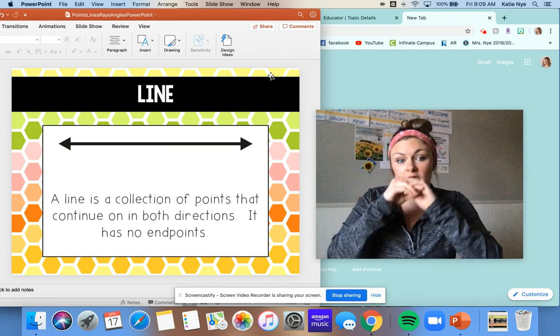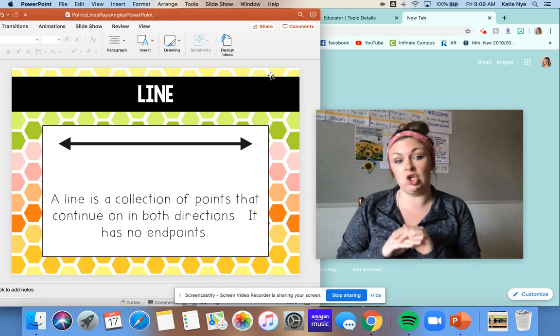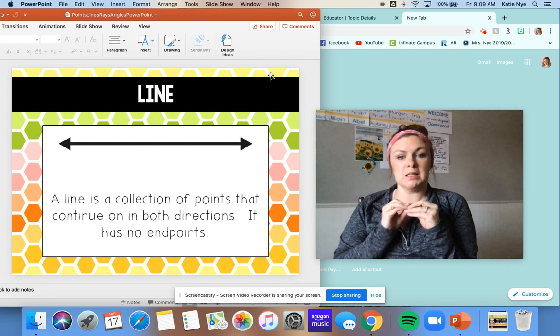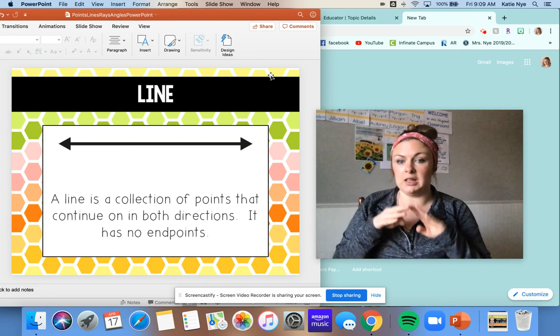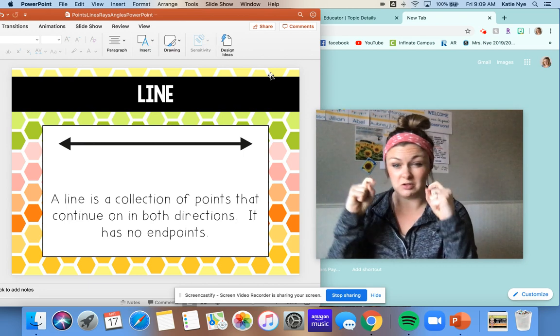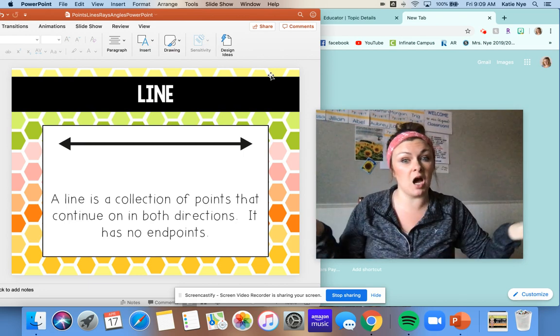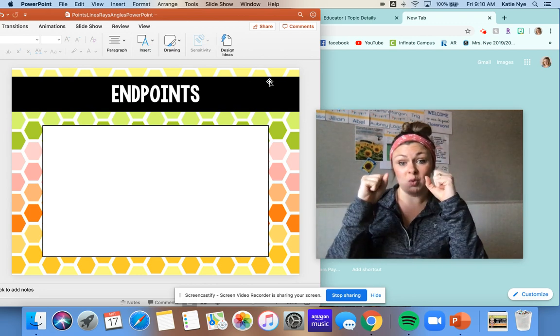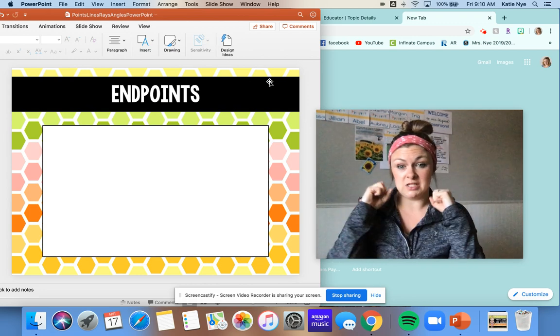So our line's going to go on and on. It has no endpoints. When we're talking about just a regular line, we are talking about a line that does not have dots at the end. It means it goes on and on forever. It's kind of interesting.